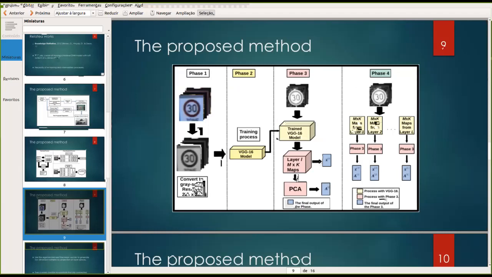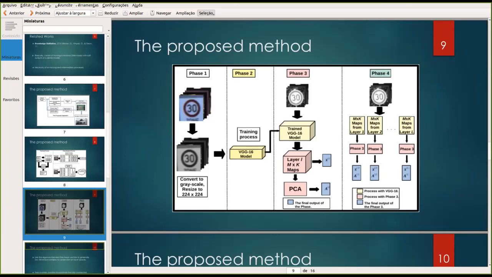Now we have a detailed flow of the proposed framework. First, in phase one, the training subset samples are converted to grayscale and resized to the input size of the VGG model.